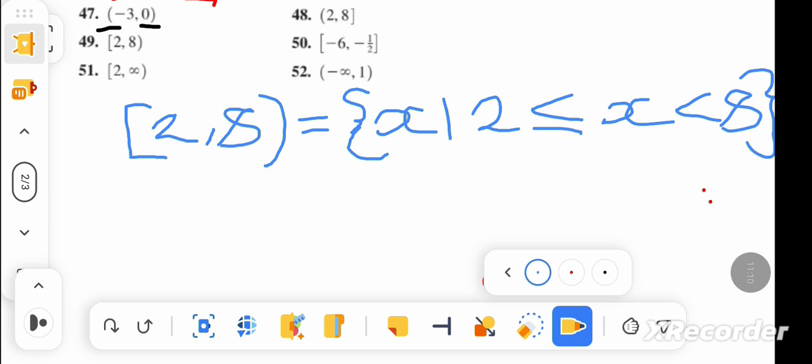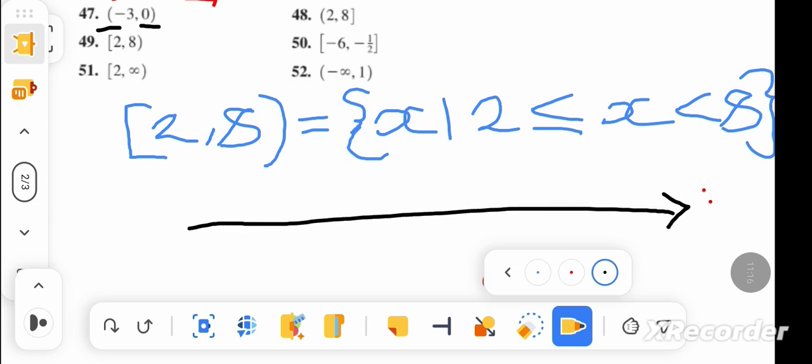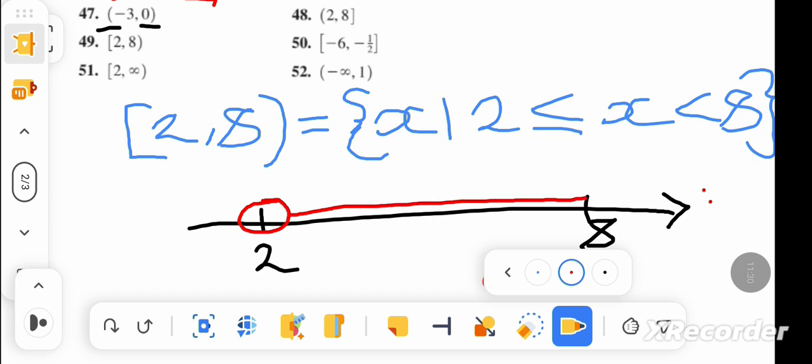Then from there, let's show that on a real line. So you draw your real line like this. Then you show where 2 is and where 8 is. Then you show a circle. Then you draw a line which goes all the way up to 8. After that, you shade 2. Why?